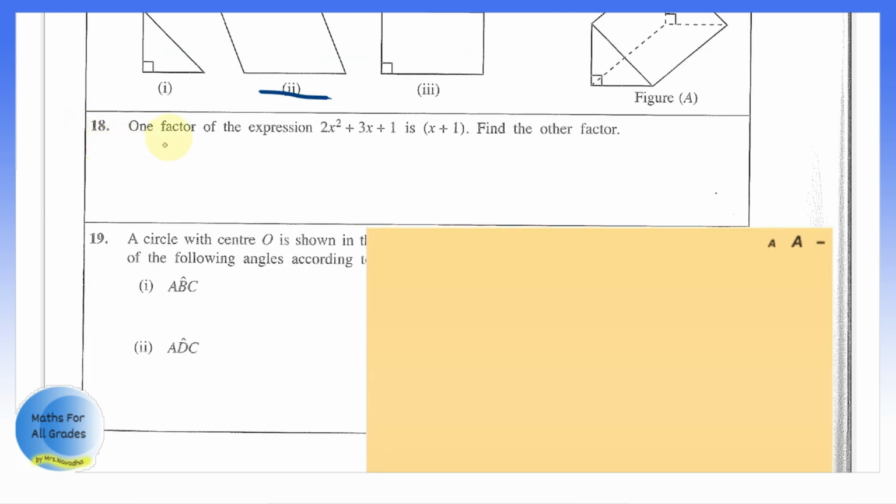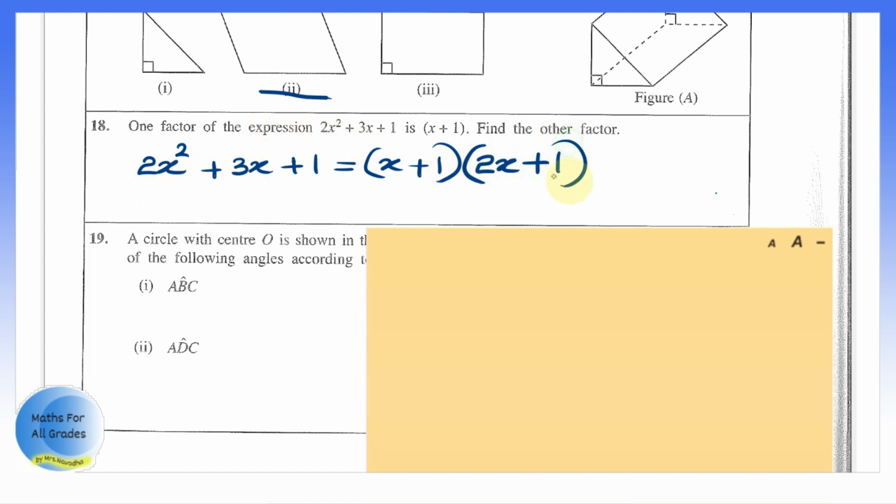Question number 18. One factor of the expression 2x squared plus 3x plus 1 is x plus 1. Find the other factor. This is a quadratic expression, so there are two factors for this expression. x plus 1 is one factor and the other factor is 2x plus 1.